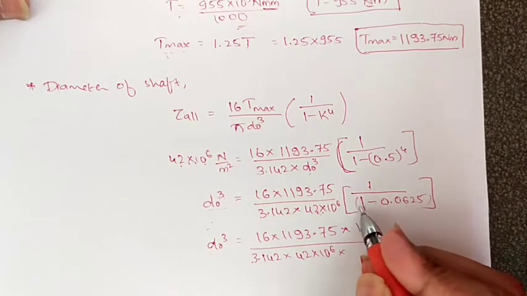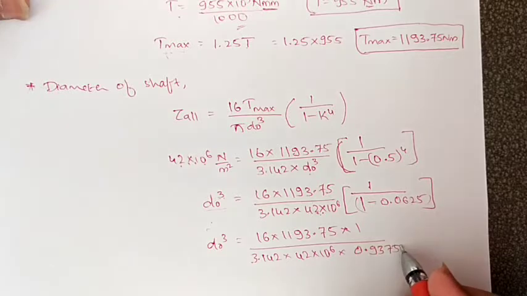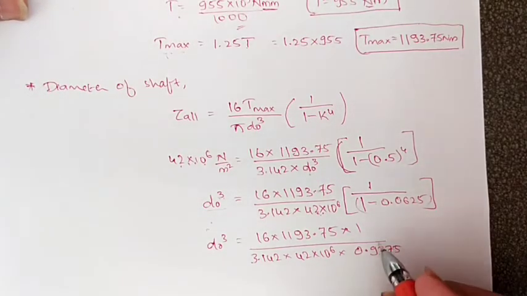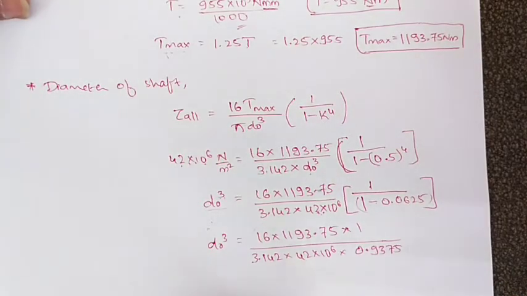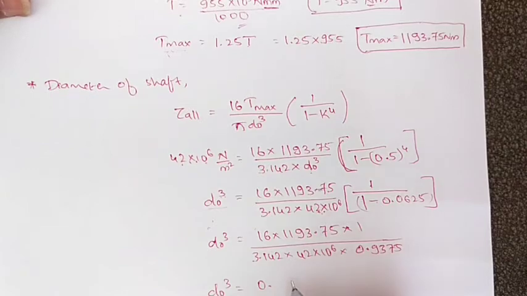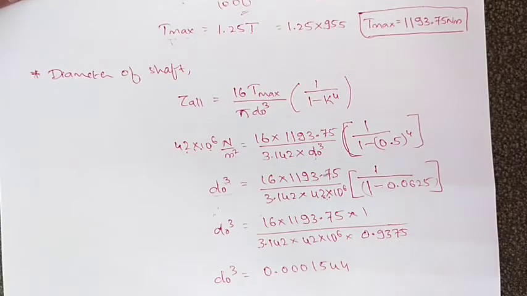So when you minus it, you will get 0.9375. And when you just solve this whole thing, you will get d naught cube is equal to 0.001544. This value you are getting.